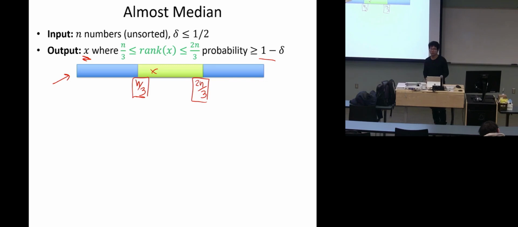So we saw how to do this in linear time. Even the median, we can get in linear time, even deterministically. But now what we want is a constant time algorithm, instead of linear.